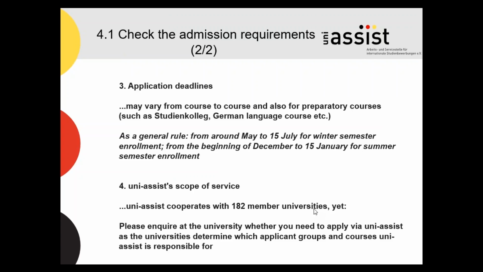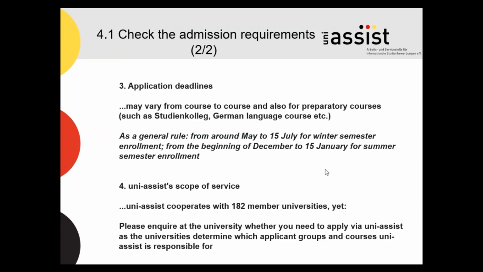Just make sure that you see which guideline in that case applies. Usually from around May to 15th July for winter semester, from the beginning of December to 15th January for summer semester enrollment. That is the overall timeline.